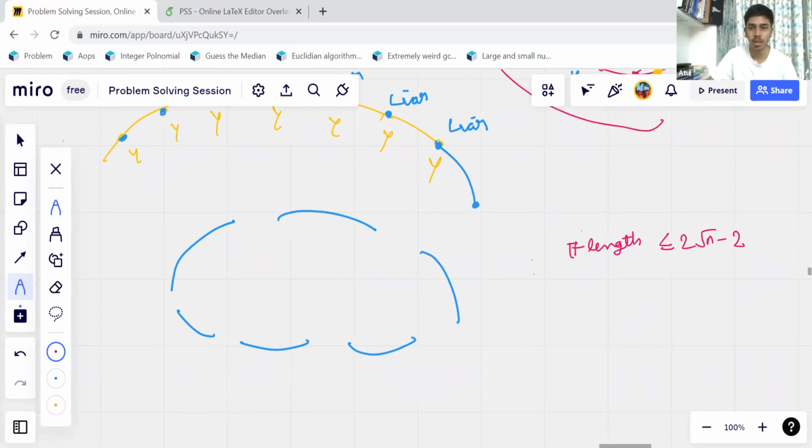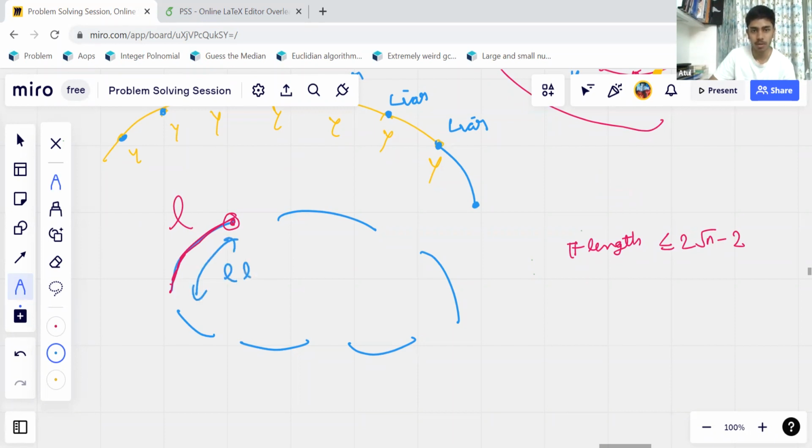Actually, let's just fix some number L given n, and we'll look for a chain of length at least L. Or we'll actually just pick the chain of maximal length. So let's say this is our chain of maximal length, and this chain has length L. We claim that picking the rightmost person in the maximal chain of yeses will work.